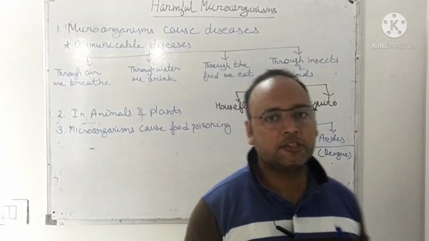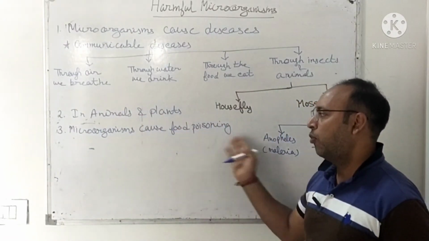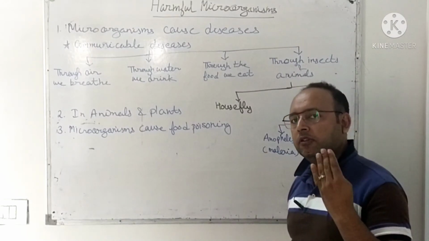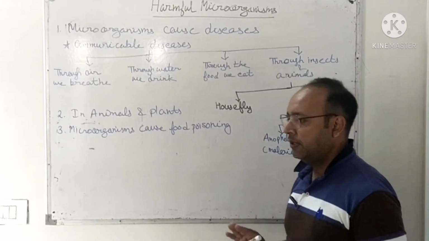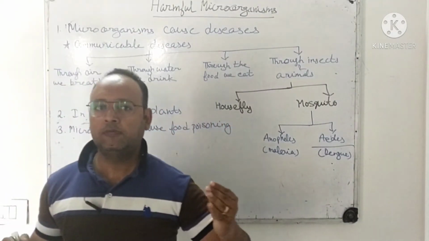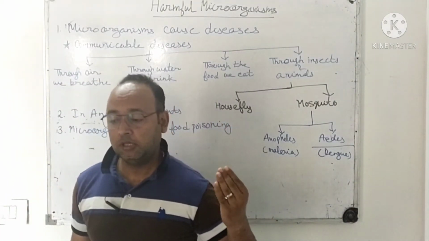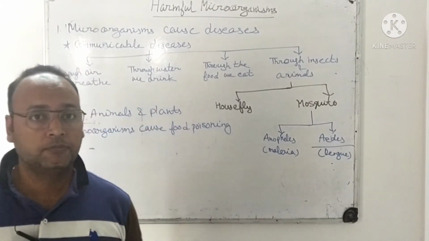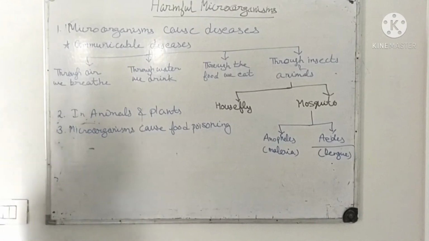If anybody eats spoiled food which has been spoiled by microbes, then that person will suffer from food poisoning. Vomiting will start, watery stools can occur, and the person may even die if not taken care of at the right time.